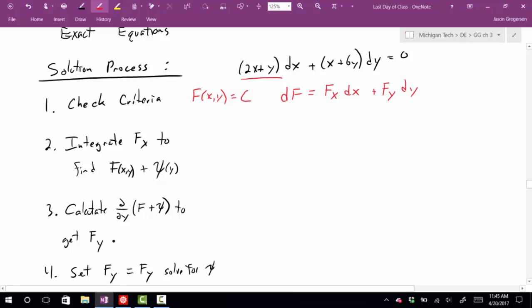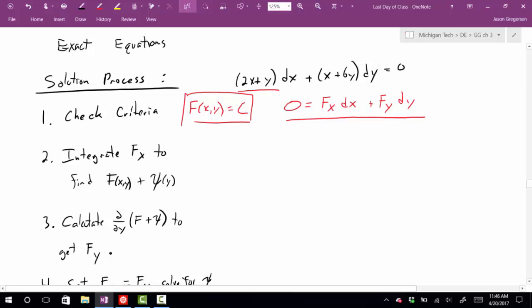If it's equal to a constant, it's a flat surface in 3 space, then how does that function height change? It doesn't. So if that's true, then df is 0. Okay? And so with that thought process, if we run into a differential equation that has that form, this could be a solution, right?